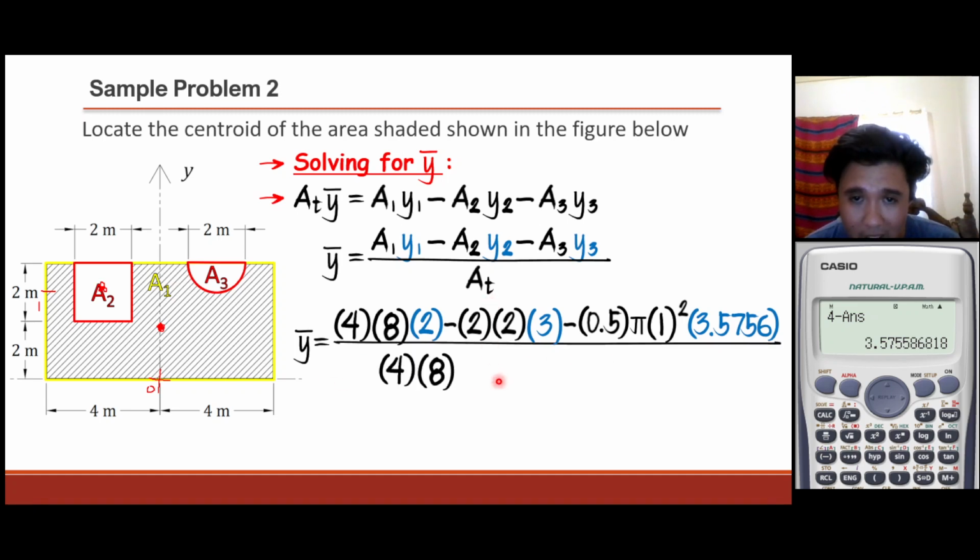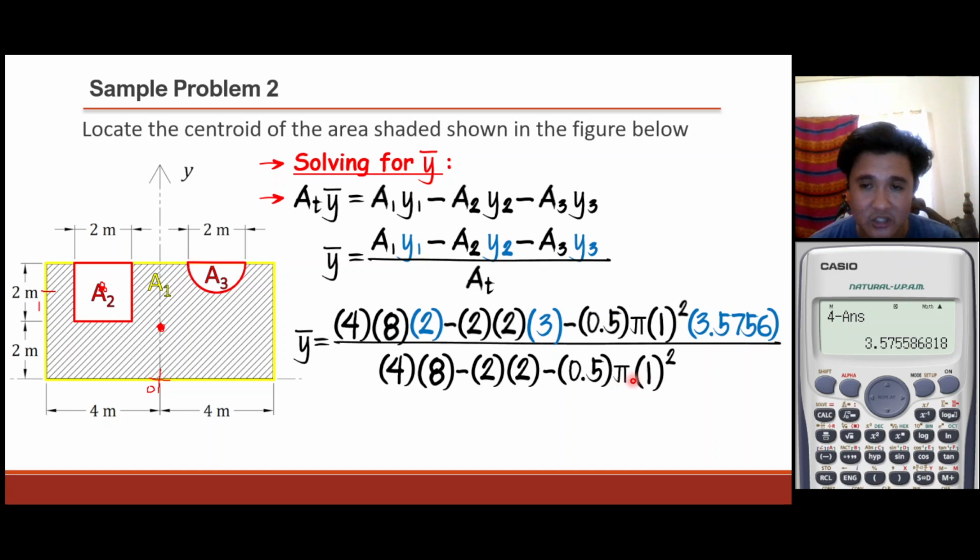All over the total area: 4 by 8 minus 2 by 2 minus 1/2 pi r squared.